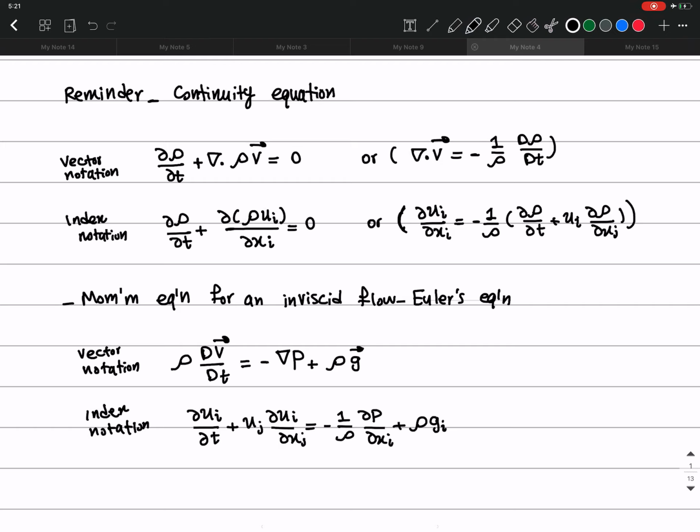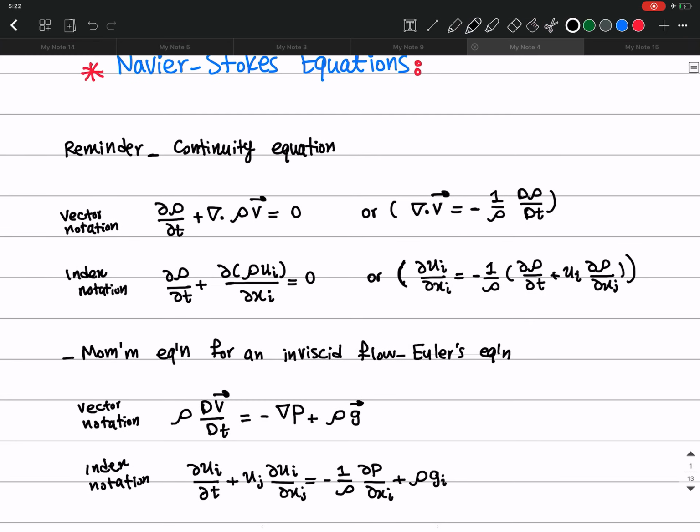So this is the index notation of Euler's equation, or momentum equation for an inviscid flow.